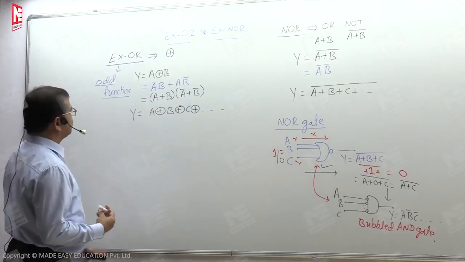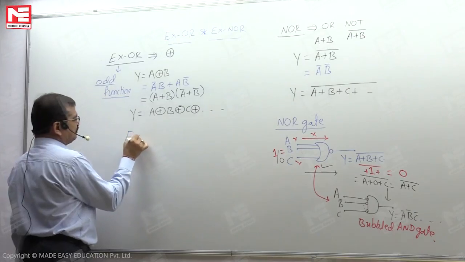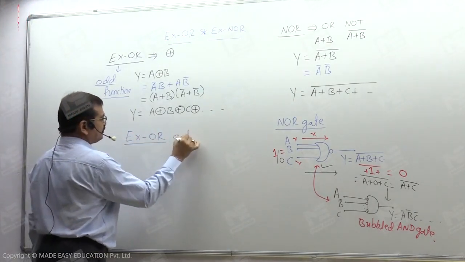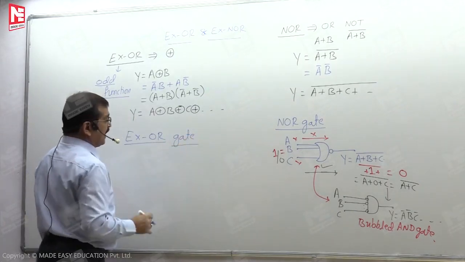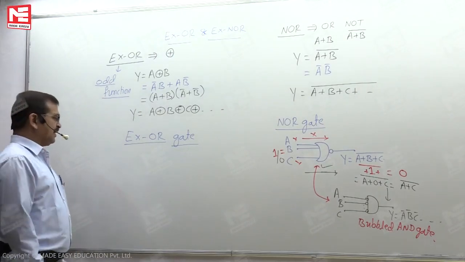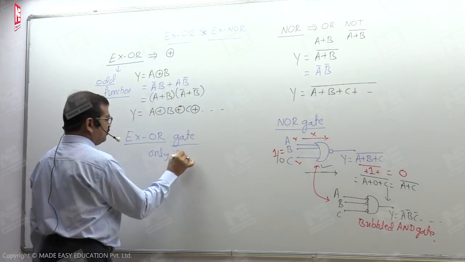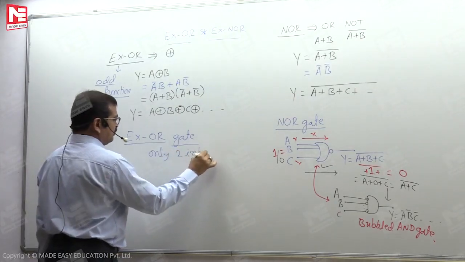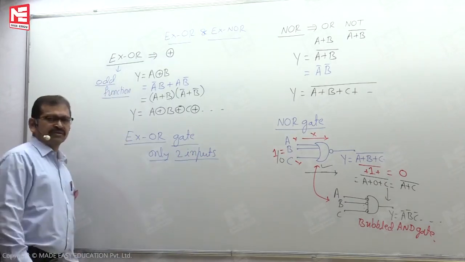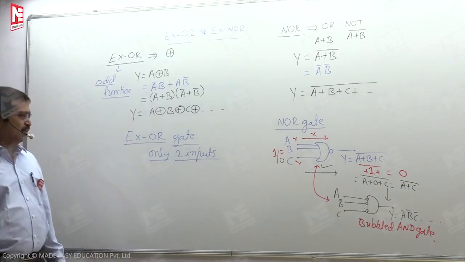To perform this exclusive OR operation, the logic gate is the exclusive OR gate. Practically, exclusive OR gates are available with only 2 inputs. If we want the XOR operation on more than 2 variables, then we need to cascade the exclusive OR gates.